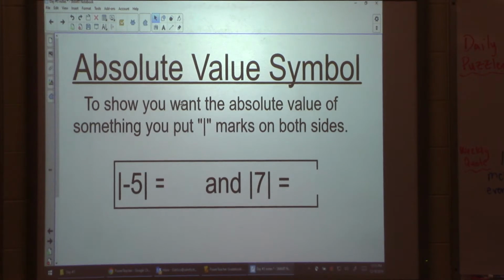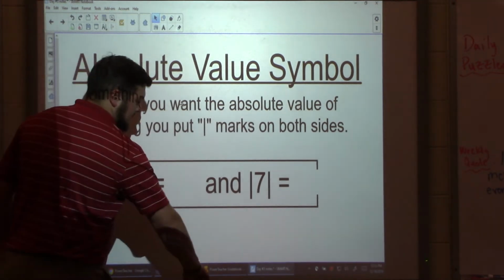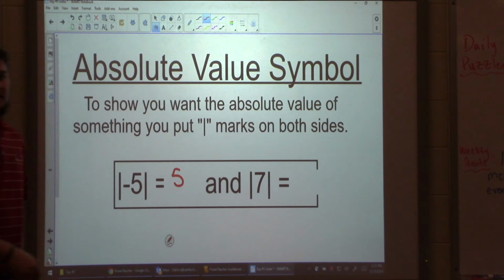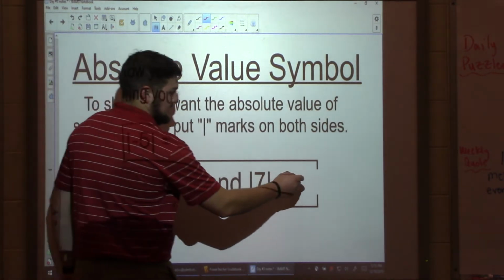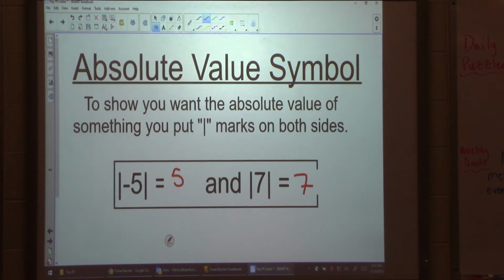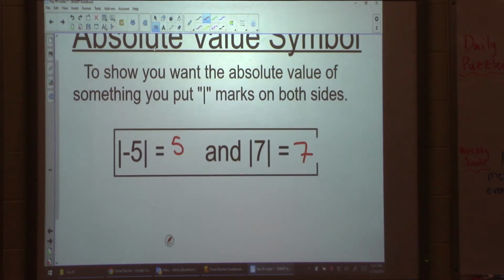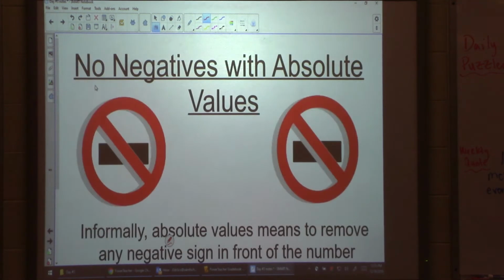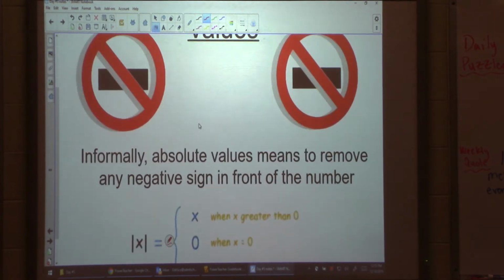What would be the absolute value of negative 5? 5, right? It is 5 away from 0. Or if you want to think about it, we're just taking the negative and dropping it off. It's always going to be a positive number. The absolute value of 7? 7. Good. Any questions so far? Nope. Sweet. So, no negatives with absolute values.